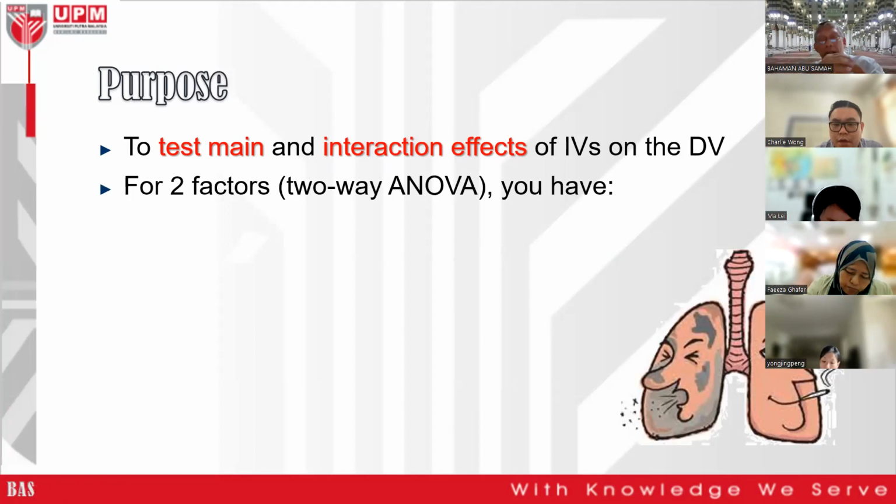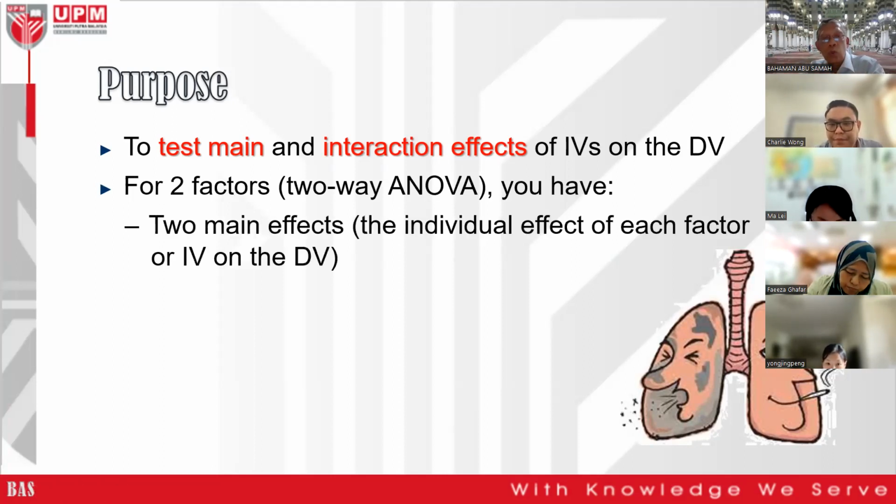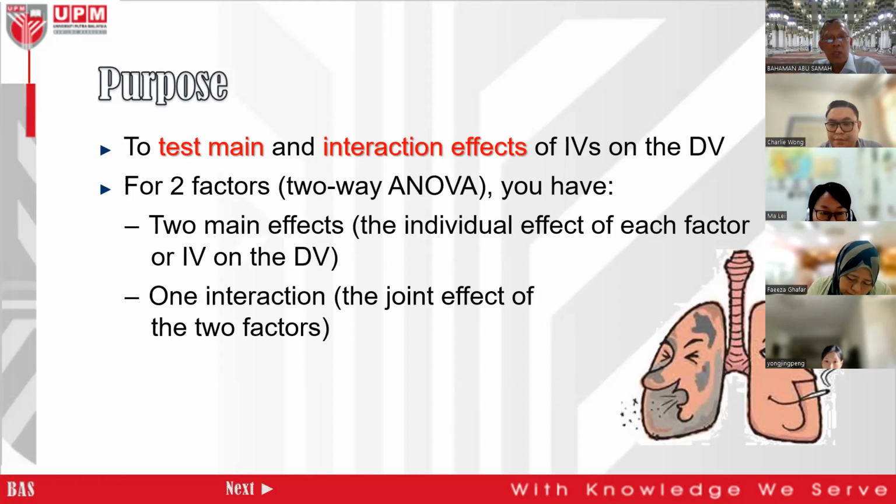Okay, if you have two factors, then you can test for two main effects, main effect of factor 1, main effect of factor 2. Right? In addition to that, you can also test for the interaction effect between X1 and X2. If you have two independent variables, two factors, so two main effects plus one interaction effect.